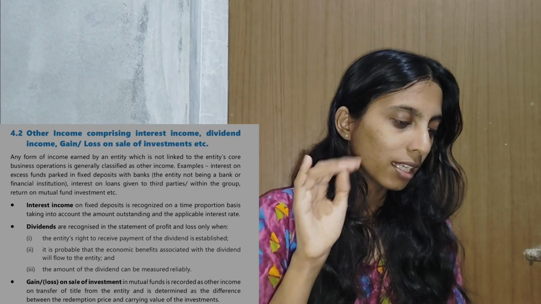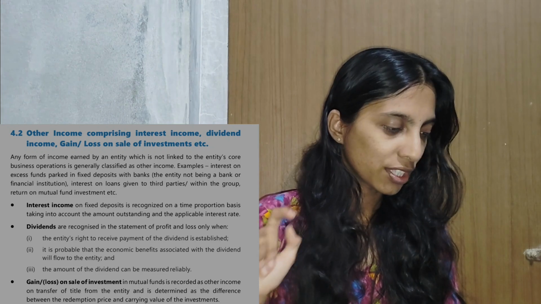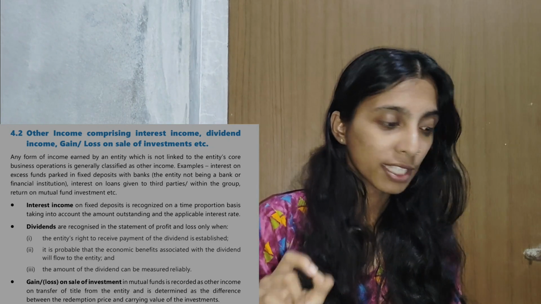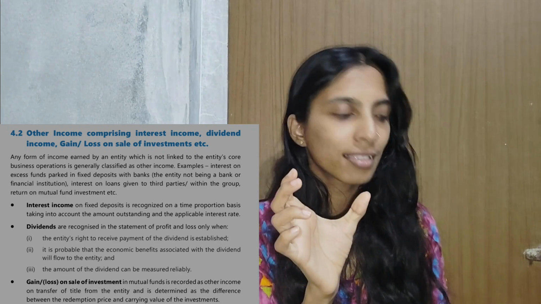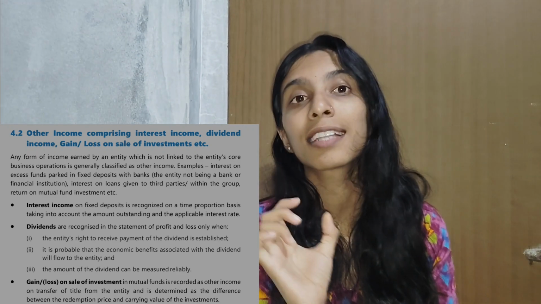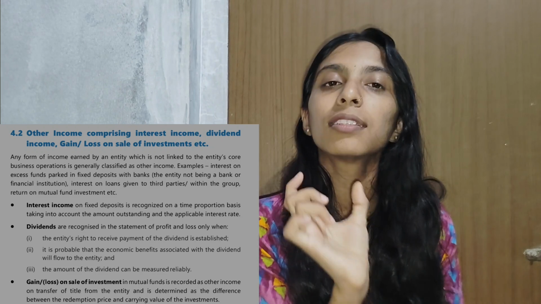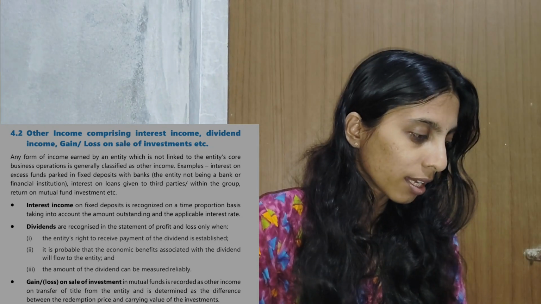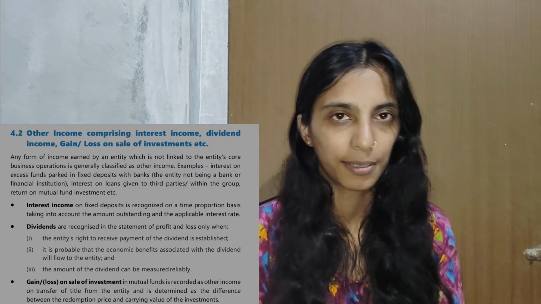In that other income there are three categories. The first one is interest income. Interest income on fixed deposits is recognized on a time proportion basis. You need to remember this word, time proportion basis, taking into account the amount outstanding and the applicable interest rate.